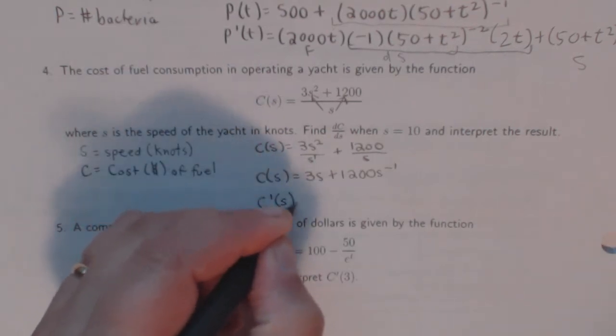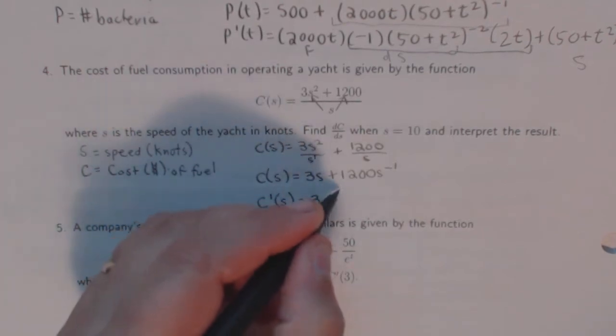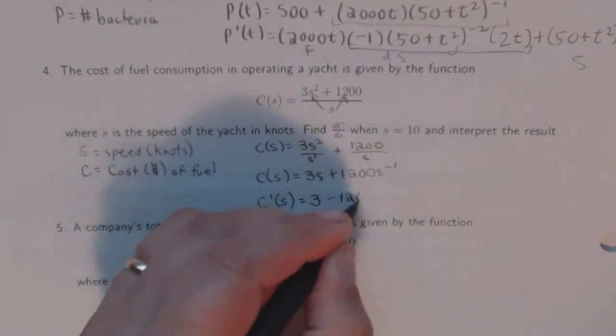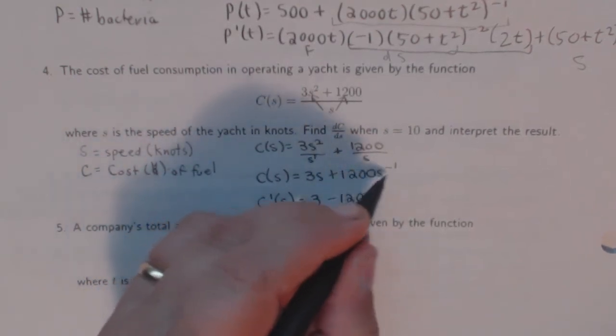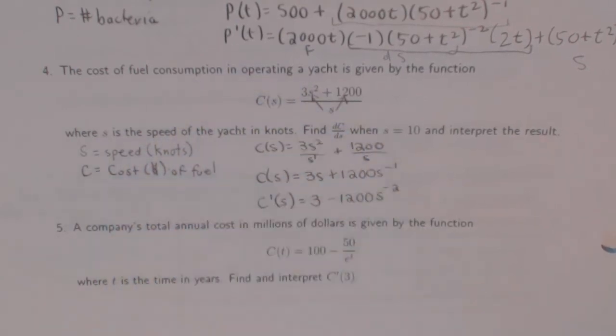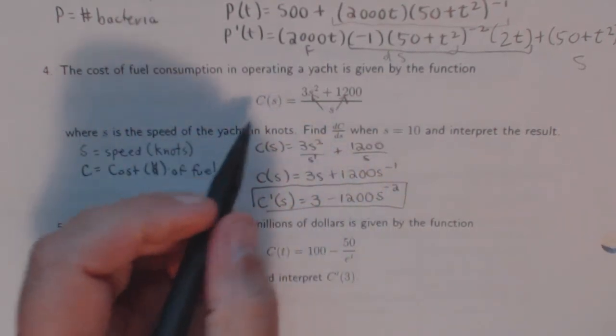So we have not yet taken the derivative, but now I can take the derivative using the power rule. So the derivative of 3S is 3, and the derivative of 1200 S to the negative 1 would be negative 1200, since you multiply 1200 times negative 1, and then S to the negative 2, since you reduce the exponent by 1. So now I have a derivative, and I have an original.